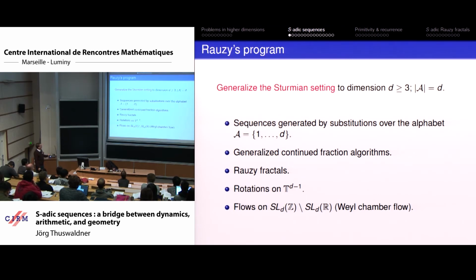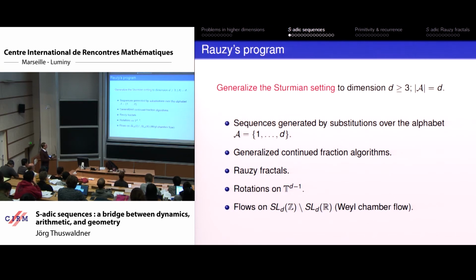So we want to generalize the Sturmian setting to dimension, or number of letters, d, where d is larger than 2. d equal to 3 should be the guiding case, where our examples come from. So what will we have to face? We have sequences generated by substitutions over a large alphabet.